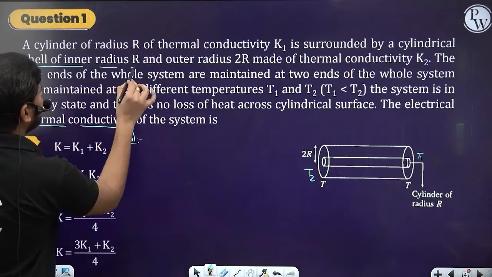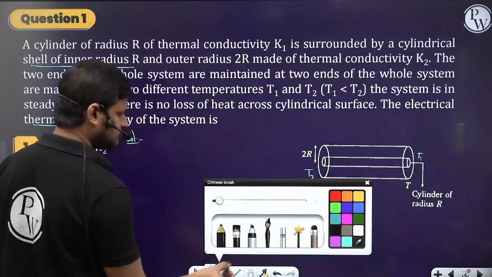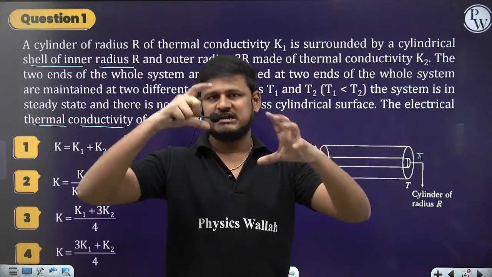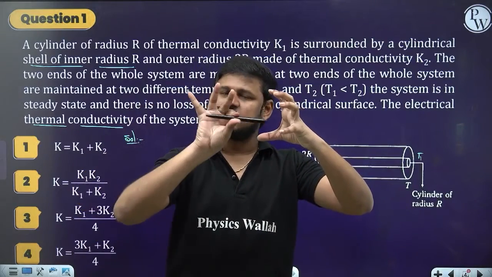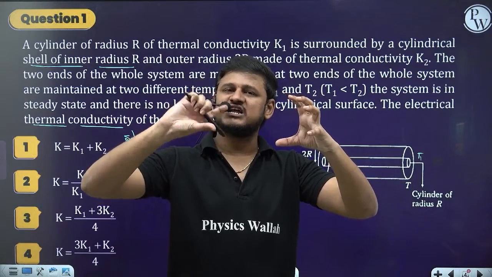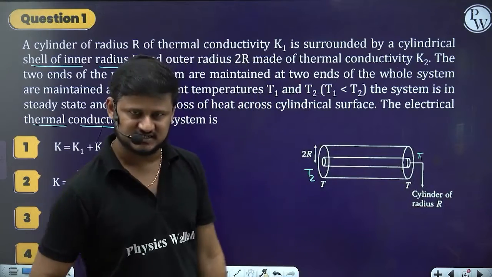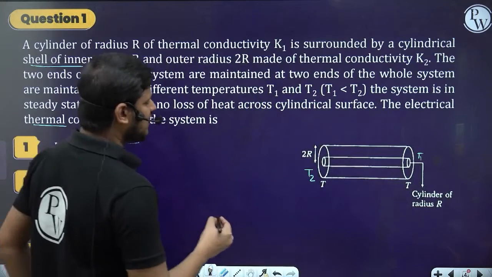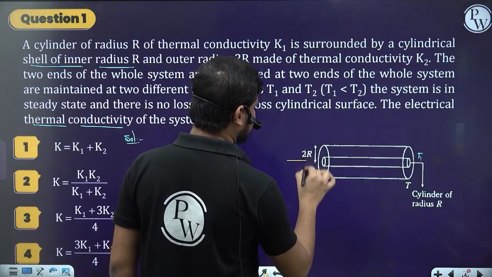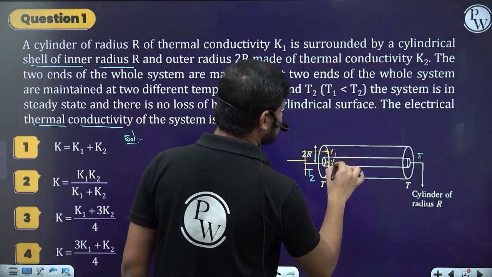First you have to understand this statement. It's a shell of inner radius r and outer radius 2r. What does that mean? Just imagine we have one cylindrical rod and inside that there is one more conductor placed. The total cylindrical shell has 2r radius and the inner conductor has r radius. If you supply heat, that heat will be divided into H1 here and H2 here.